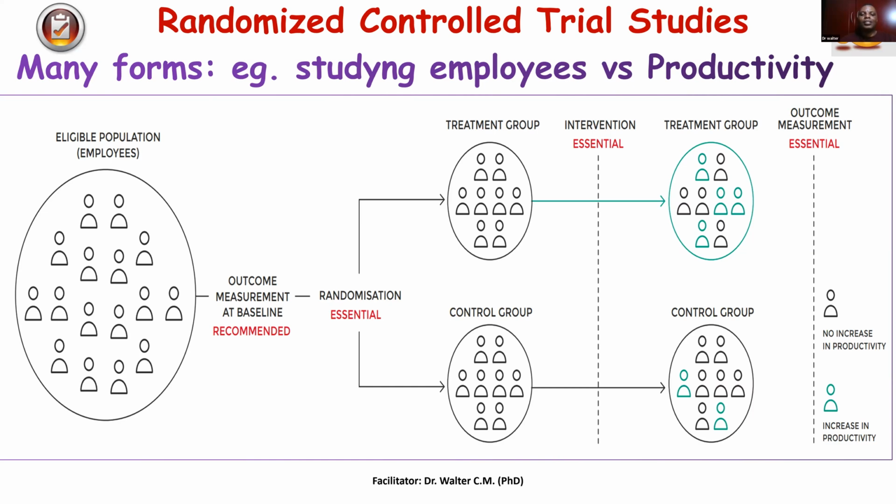And then from there is where you establish groups through randomization. You say this will be control, this is intervention, and then you give the intervention. And then later on, you assess whether the problem has occurred or the effect has happened.